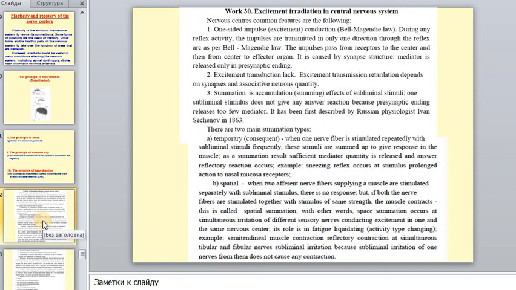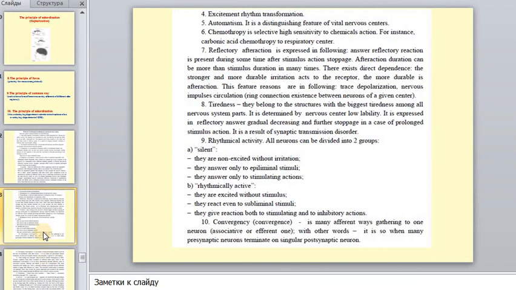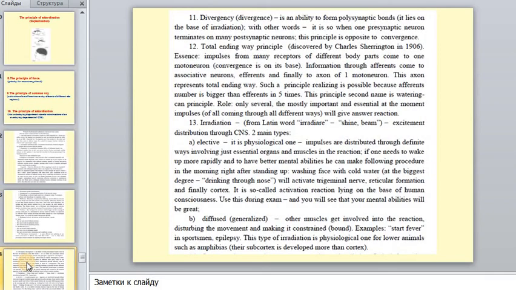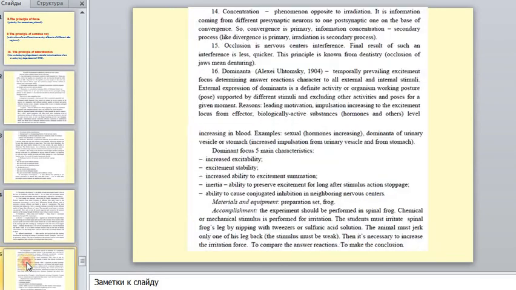It's our lab work about excitement, irradiation in the central nerve system, and a little bit about all kinds of nerve centers. We discussed almost all nerve center functions, and dominant.